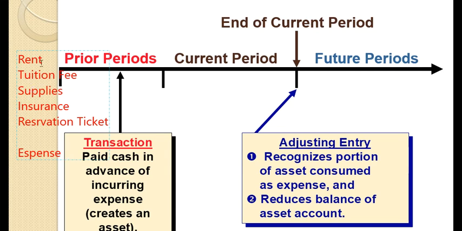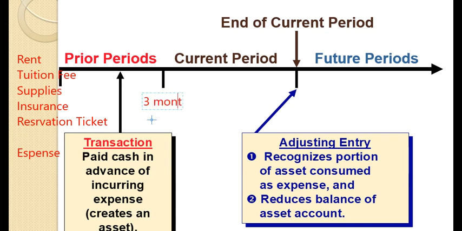But let's suppose, in a past period, we pay our rent in December. Let's suppose I pay 3 months of rent in advance for my office, home, or any place.